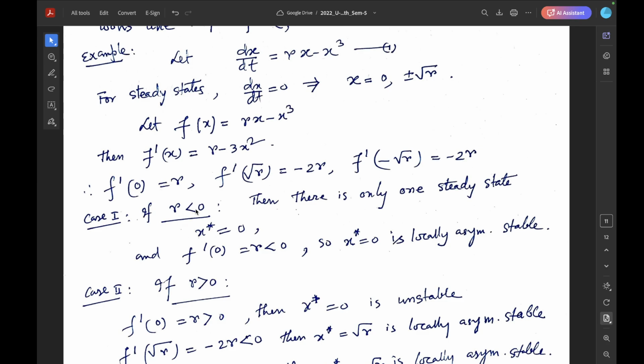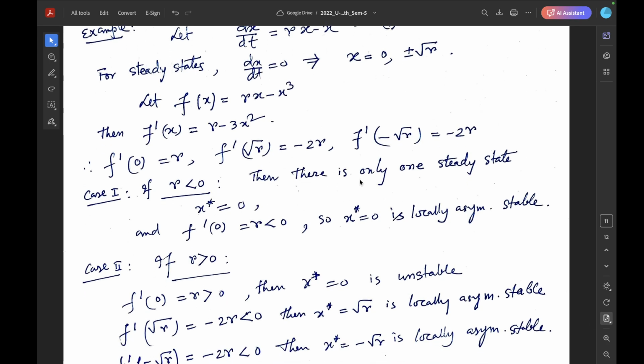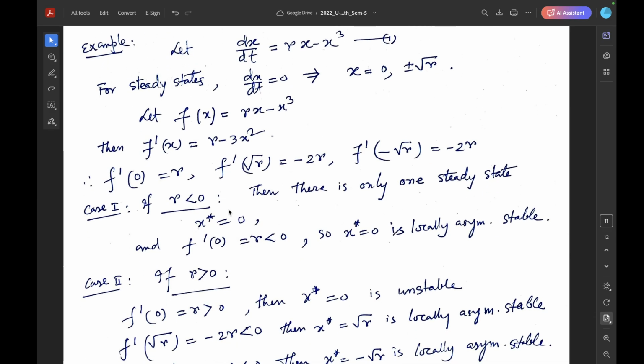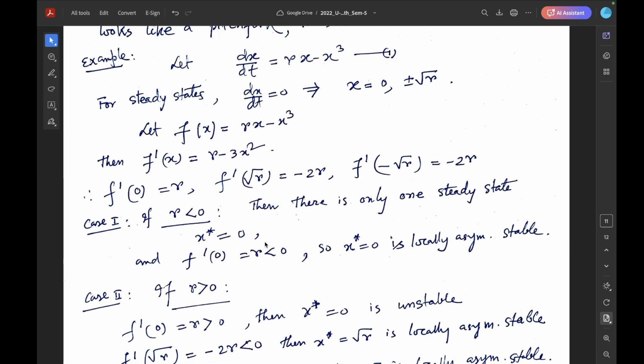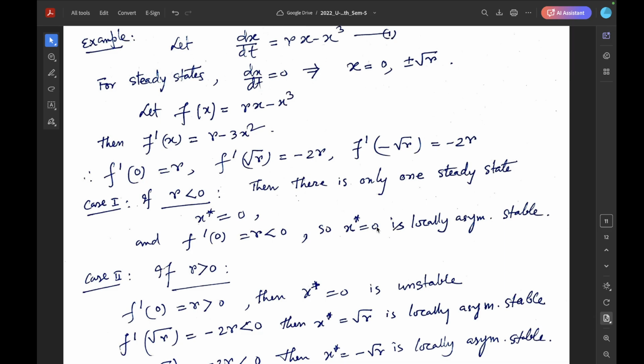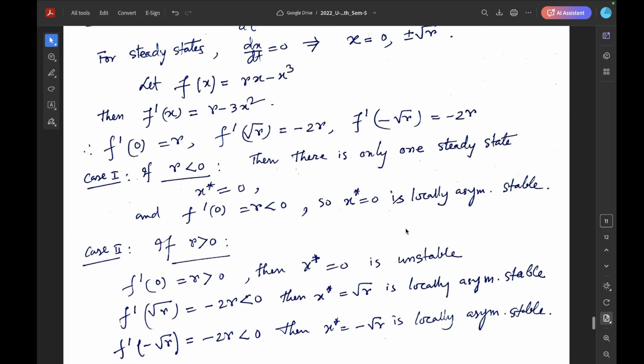Case 1, if r is less than 0, there is only one steady state, because r is negative, so root r is a complex number. So there is only one steady state, x star equal to 0, the trivial steady state. And f dash 0 equal to r, which is negative, so this trivial steady state is locally asymptotically stable.